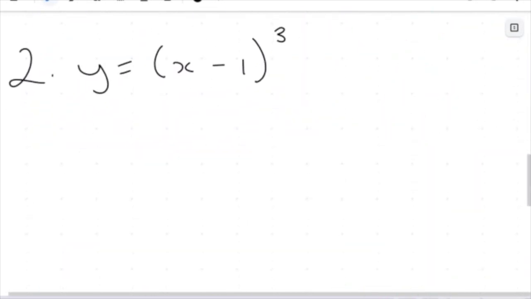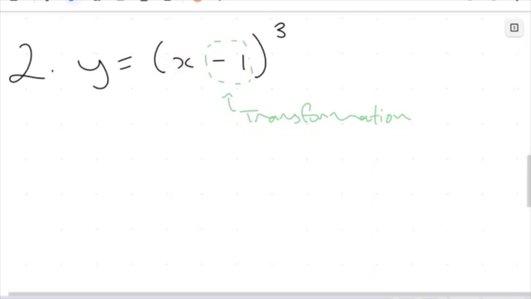y = (x - 1) cubed. Now you can see here that my transformation is working on my x now instead of my y. Now we're just going to draw another table of values just to double check that what we think might be happening, which is some kind of horizontal shift.